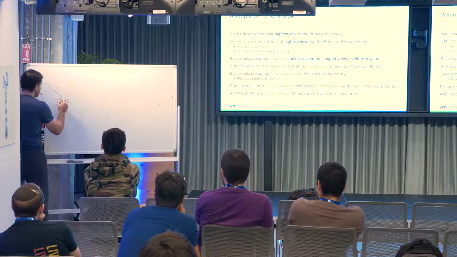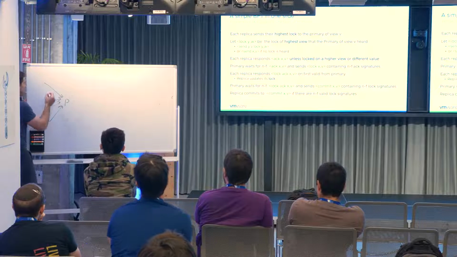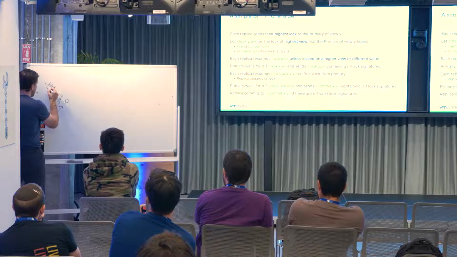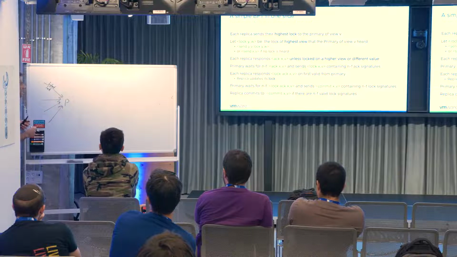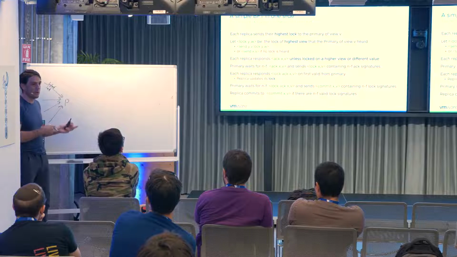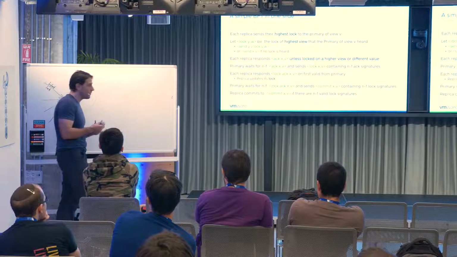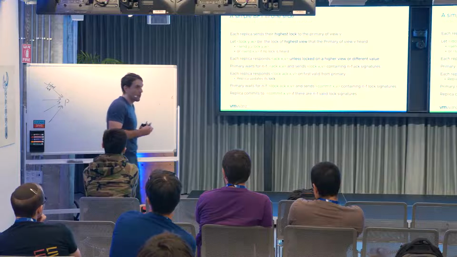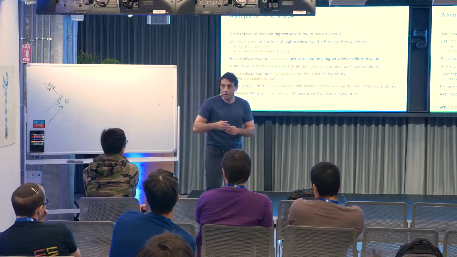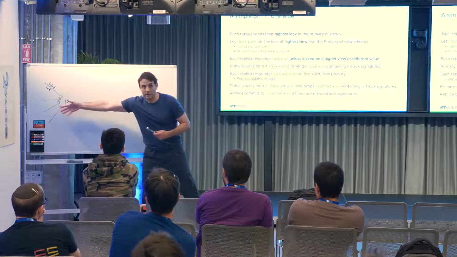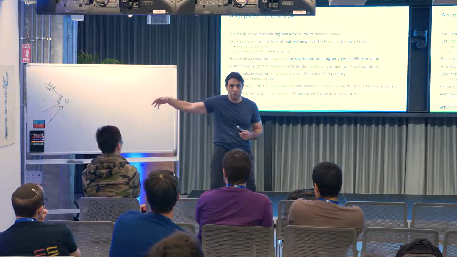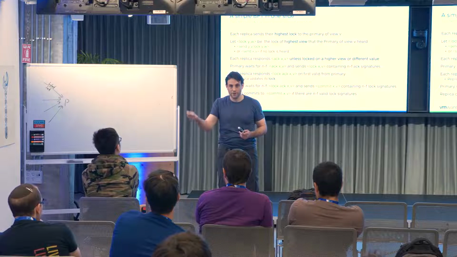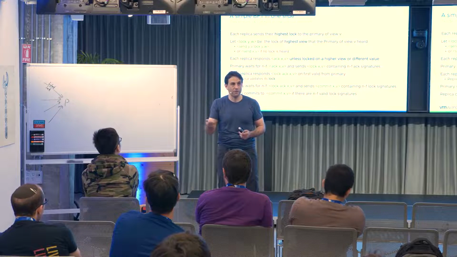In particular, they're sending the highest lock that they have. And the primary now has to decide what it's going to send. If nobody is locked, the primary can just choose whatever value it wants. But if the primary receives a lock, then it chooses the lock with the highest view and uses that value, and sends that along with that lock in order to convince people that this is something they should use.